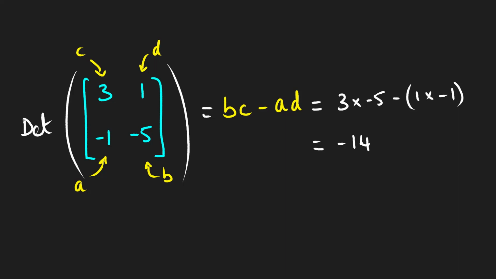And so if we were to work out the determinant on this in the same manner as we had done with the equations, then we would have 3 times -5 minus 1 times -1, which would leave us with -14. Let's see what that means in terms of transforming space now.